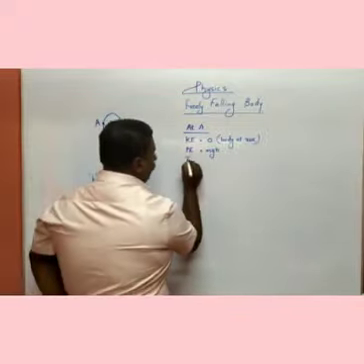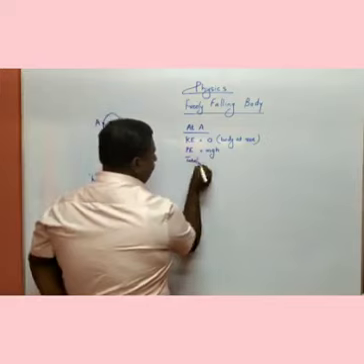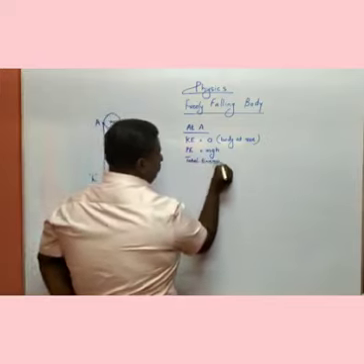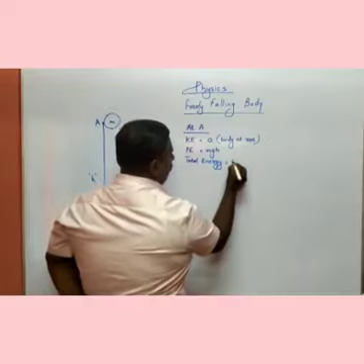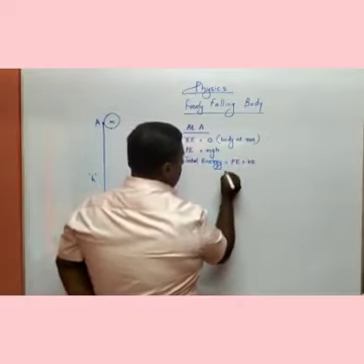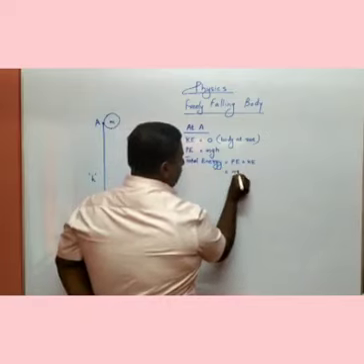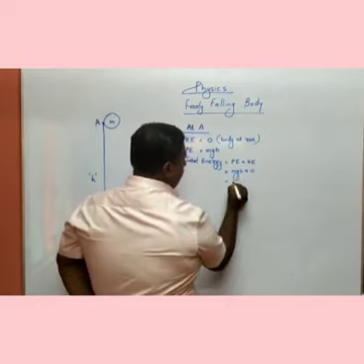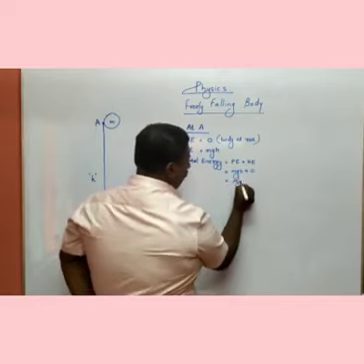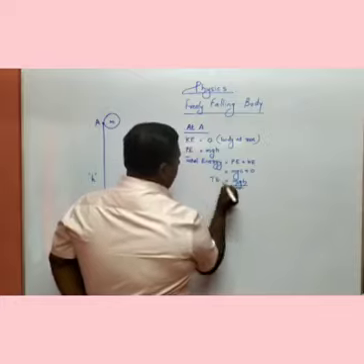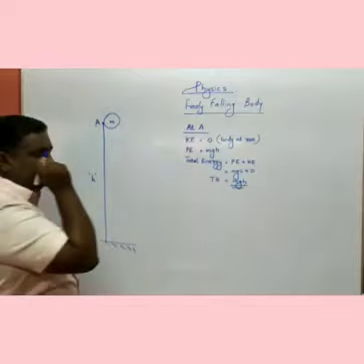Then total energy is equal to potential energy plus kinetic energy. Potential energy is mgh plus kinetic energy 0, therefore mgh. That means the total energy at A is mgh.